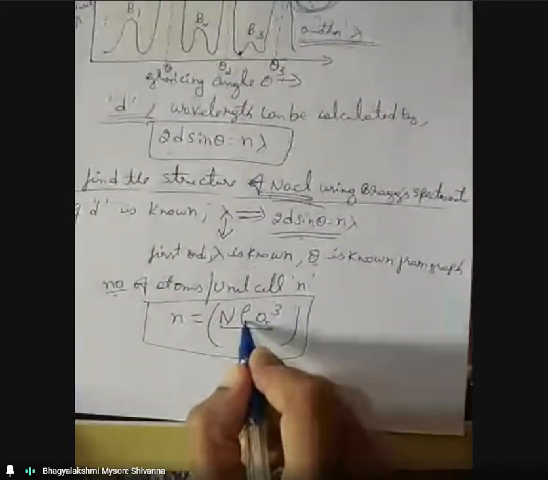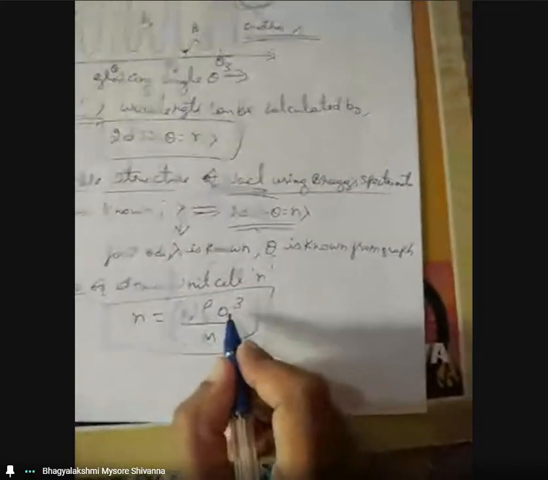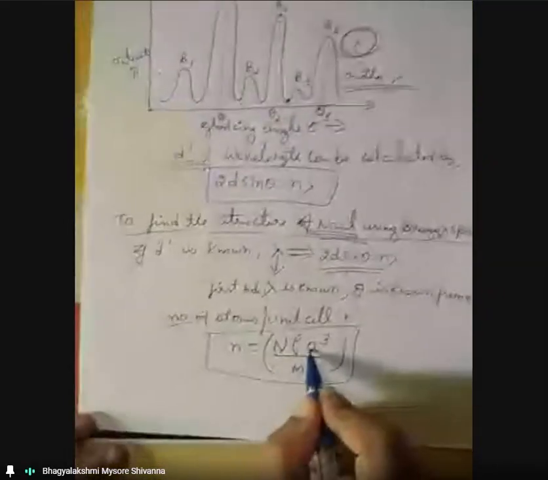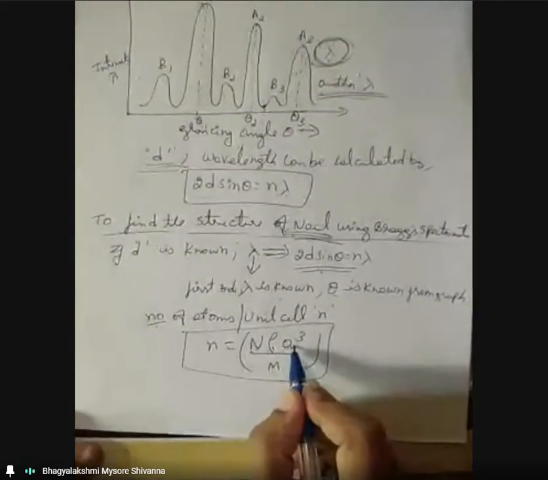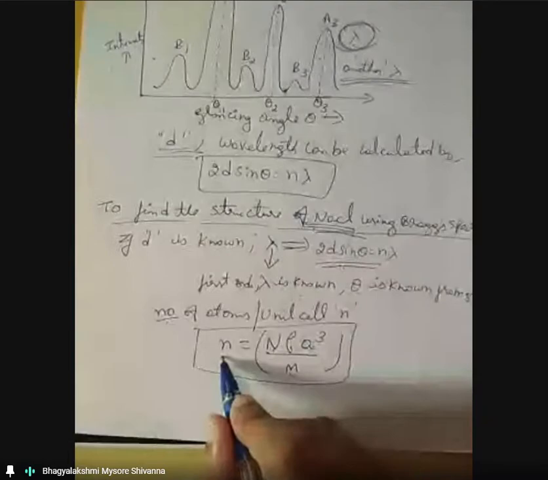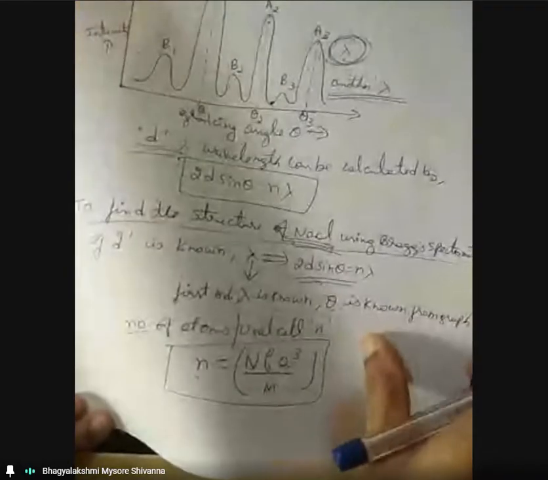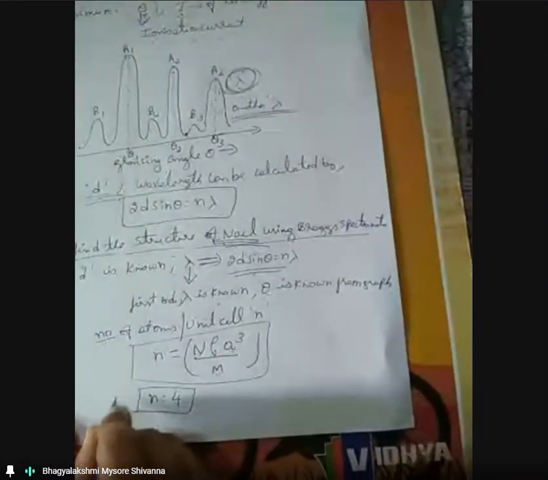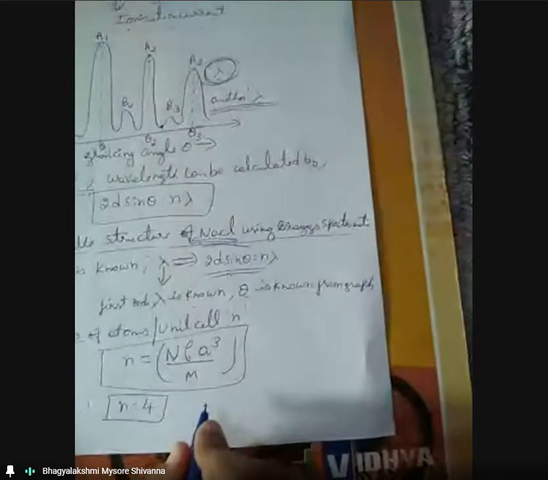Here a represents the edge of the cell, so a cubed is the volume of the cube. Rho is the density and n is the number of atoms per unit cell. After we substitute the values of the Avogadro number, rho, a cubed and M and simplify, we get n equal to 4.